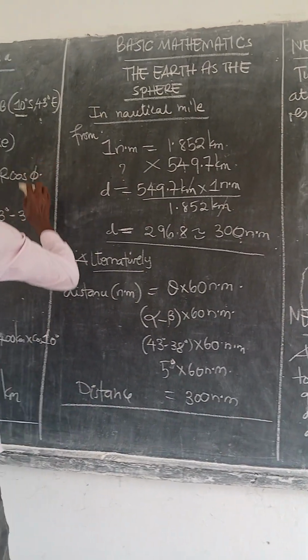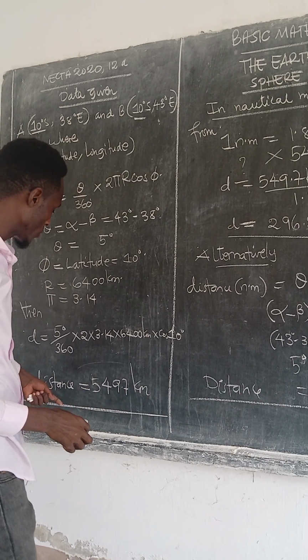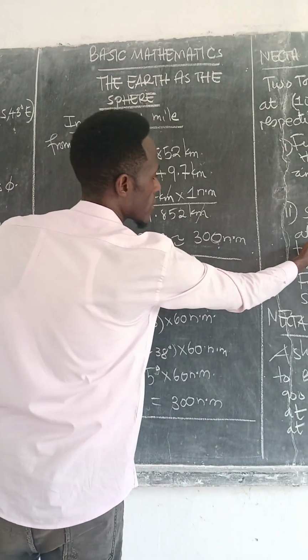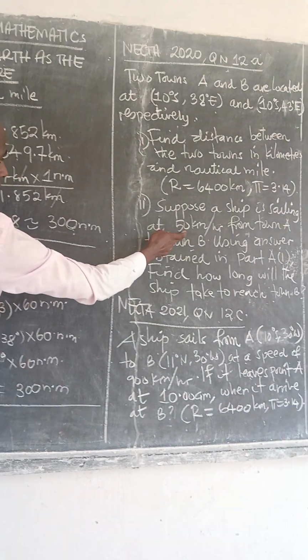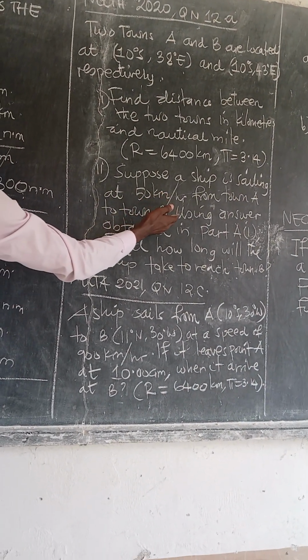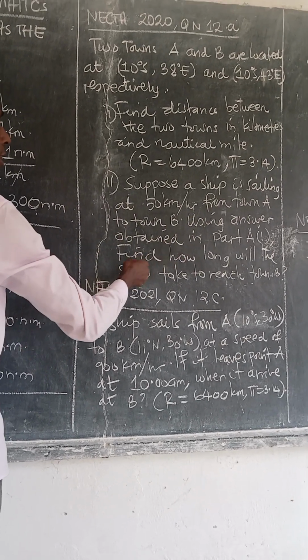You have the value of distance that you have already obtained. But also you have the speed. You have been given the speed, 50 kilometers per hour, from town A to B. So find now the time.